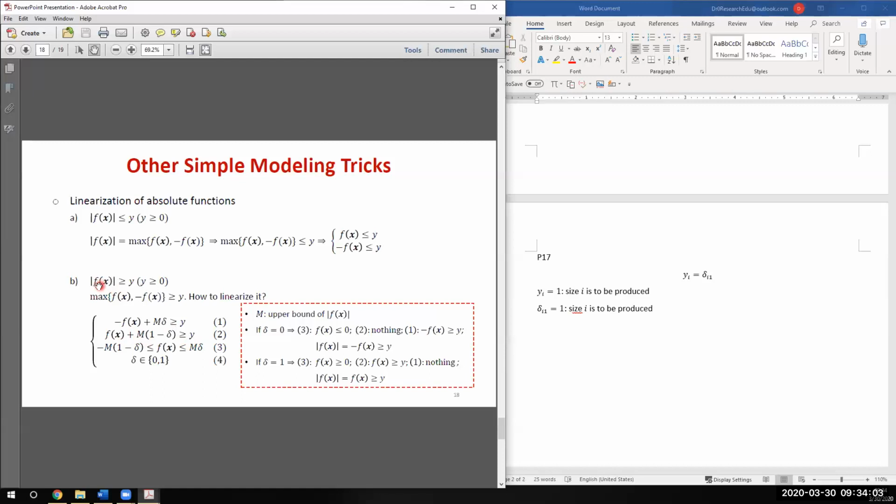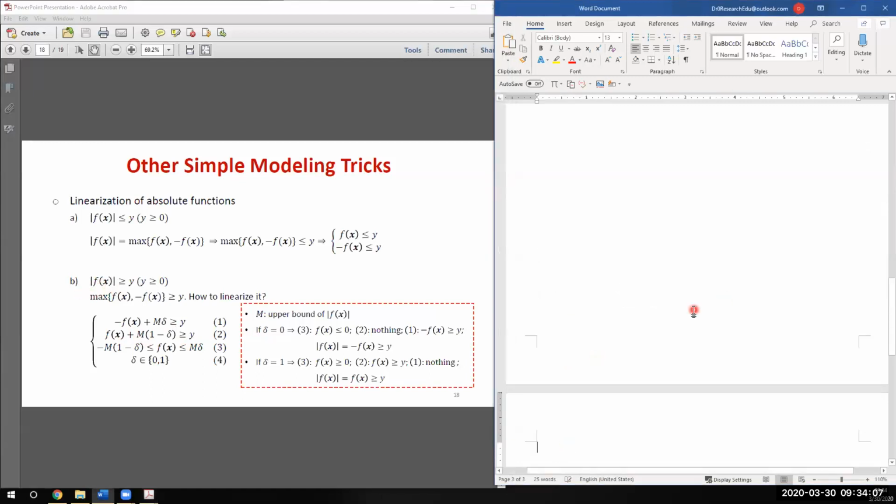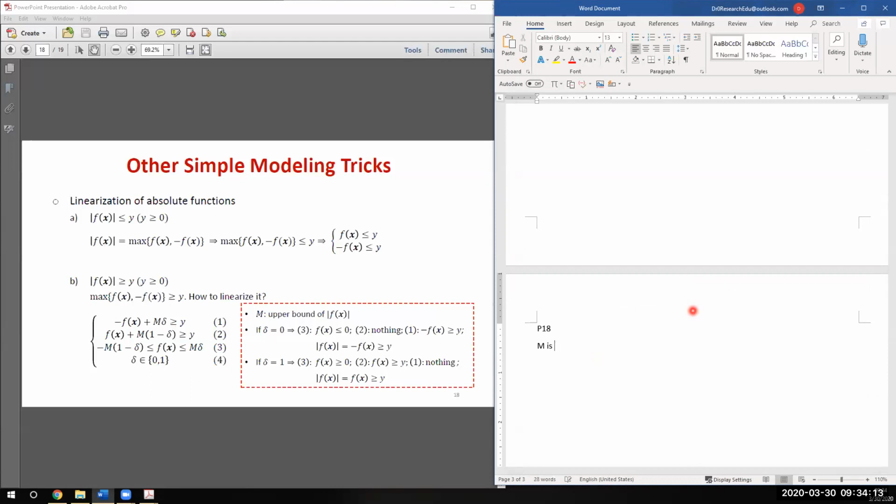We know that f(x) is less than, okay, let me write it down here. Page 18. M is an upper bound of f(x).